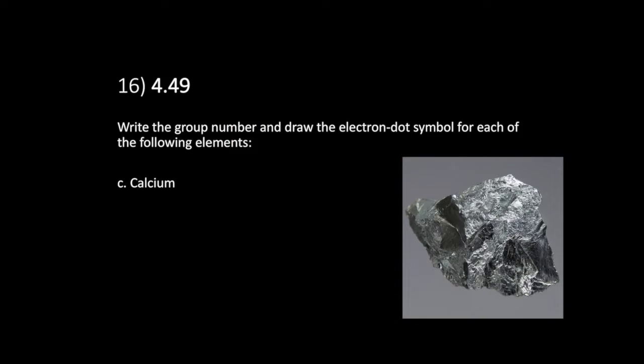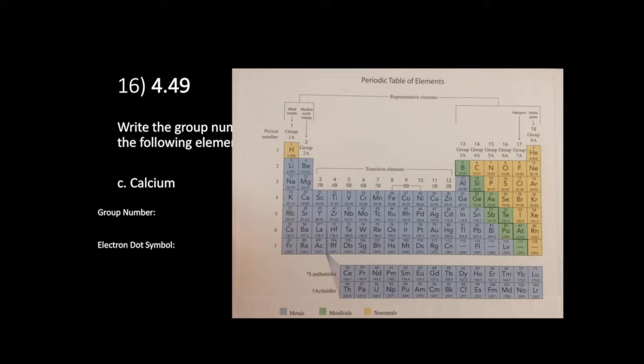Okay, let's try the same thing for calcium. So first, calcium is right here. It's in group 2A, so the group number we'll put in for that is 2A. To draw the electron dot symbol, the first thing you want to do is to draw the symbol, and the symbol represents the nucleus and all of the inner electrons. We just have to write in the outer electrons, the valence electrons.